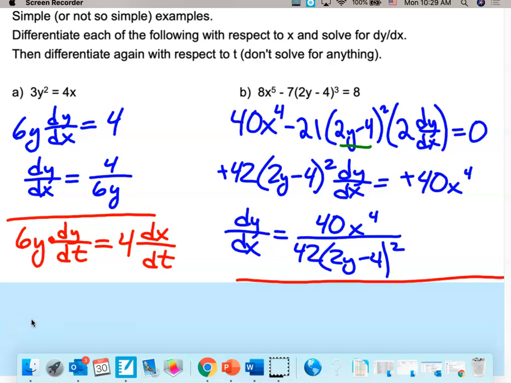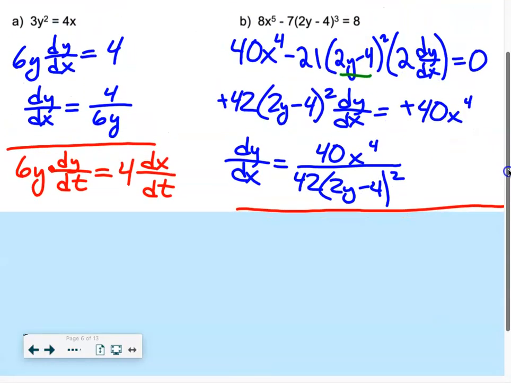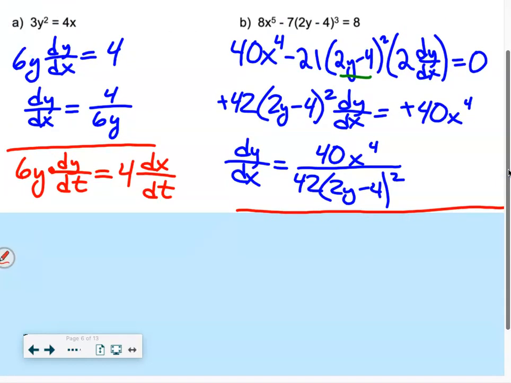All right, so for this one, the derivative of 8x to the 5th, 4x to the 4th times what? dx/dt. What you're differentiating over what you're differentiating with respect to.